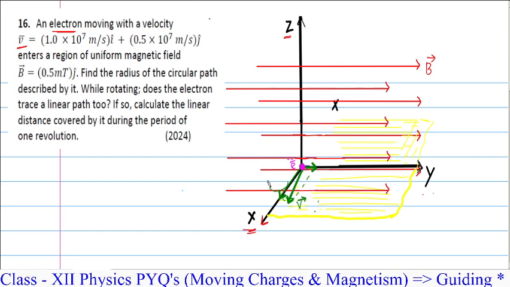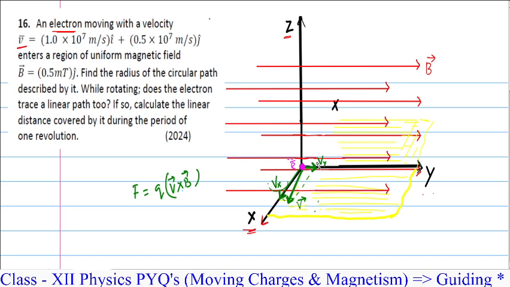The x component of velocity is perpendicular to the magnetic field. Here the magnetic field is towards the right, and this vx, or x component of velocity of the electron, is outward. So they are perpendicular to each other, making a 90-degree angle. That's why this charged particle will experience a force F equal to q into v cross B.